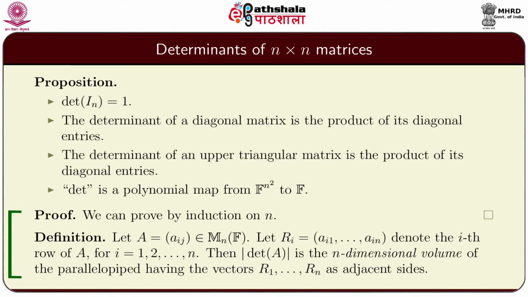So, once again we see a concrete geometric realization of the determinant up to a sign, like what we have seen for n equal to 2, that represented the area of a parallelogram, and here this is the generalized version.